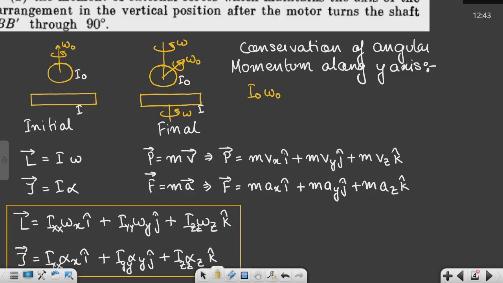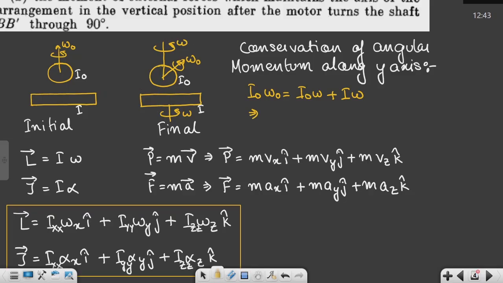What is the final angular momentum along y axis? I naught into omega plus I into omega. Obviously, this omega naught value is there, but this omega naught is along z axis. I'm not conserving momentum along z axis. I'm only conserving momentum along y axis.